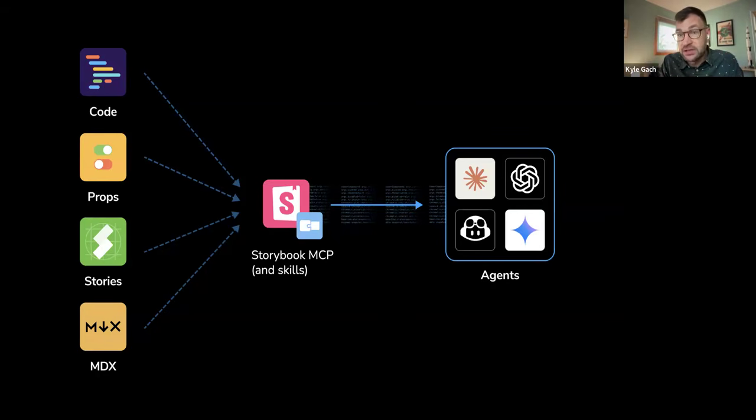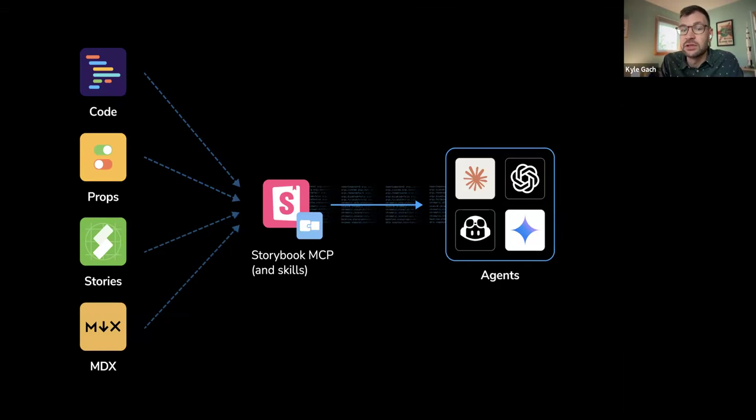It's also looking at your stories, because those are great examples for the agent to understand how to use your component. And it's also looking at the MDX documentation that you might have in your Storybook. So all the non-story documentation will also be pulled in and made available to the agent if you want.